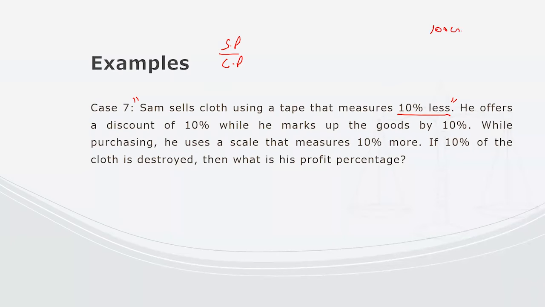It should have measured 100 centimeters, but it is only measuring 90 centimeters, right? So his cost will be determined on 90 centimeters and his selling price will be determined on 100 centimeters. If I presume 1 centimeter equal to 1 rupee, then my selling price will be 100, and my cost price will be 90. So 10 by 9 will be the ratio of my selling price by cost price, right? So this is where we are after reading the first statement.